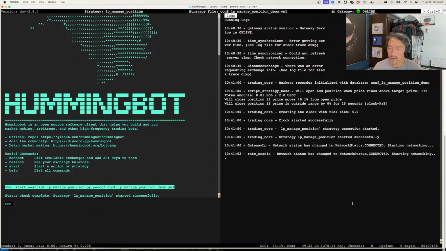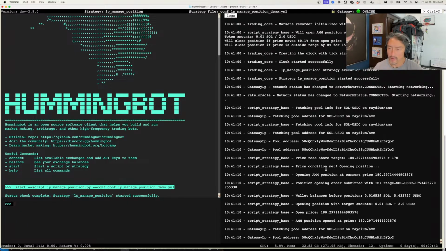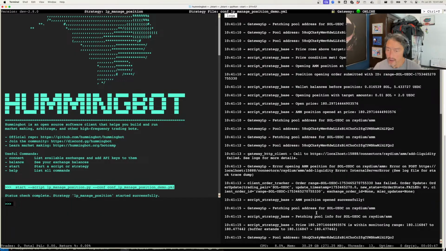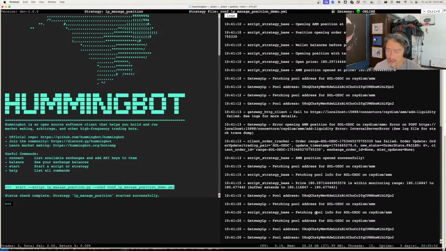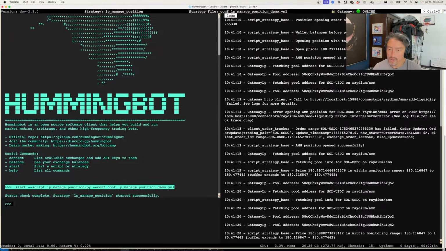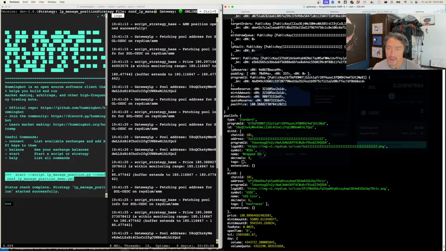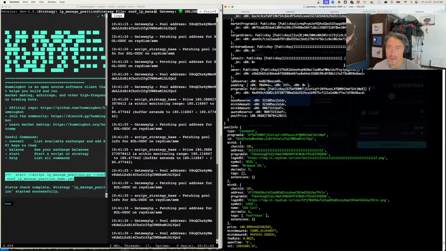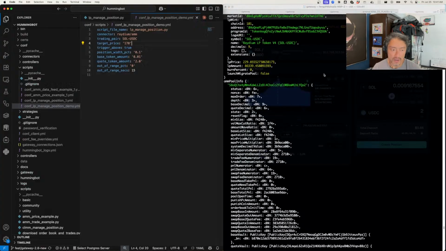Now it's going to connect to the node. Let's see, I'll start, and it's confirmed that the price actually is higher, and now it did not add the position. Let's see, did it add the position? I think it did add the position.